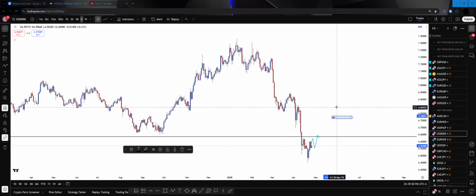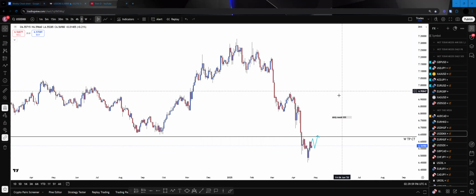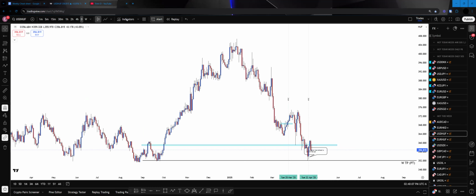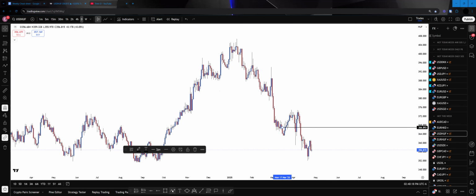Maybe. Here's the HUF weekly lower low with an indecision. We would definitely need to counter trend that. It would go up to here. We would need the daily to shift.